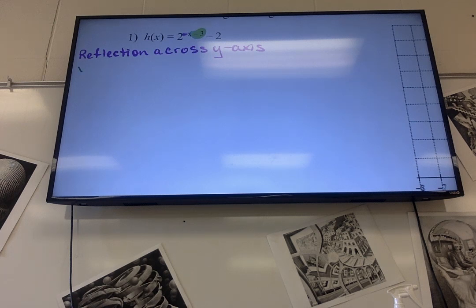Or you can just take x - 3 equals 0, which means x equals 3. So it shifts right 3. Somebody else give me the other shift. Shift down 2. Yep. This one right here is a -2. So with that one, we just take it at face value. It shifts down 2.